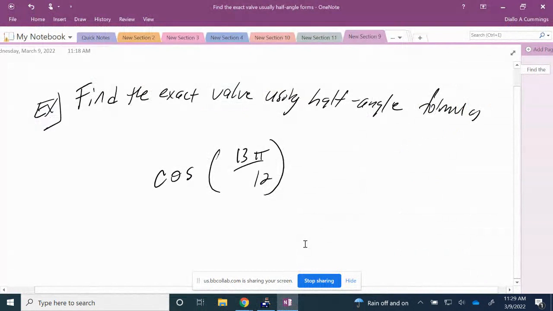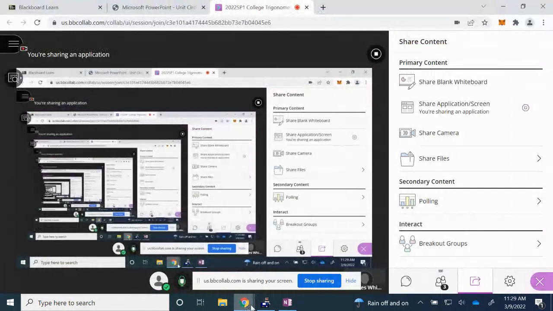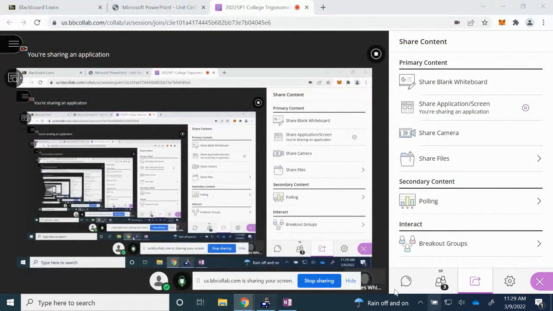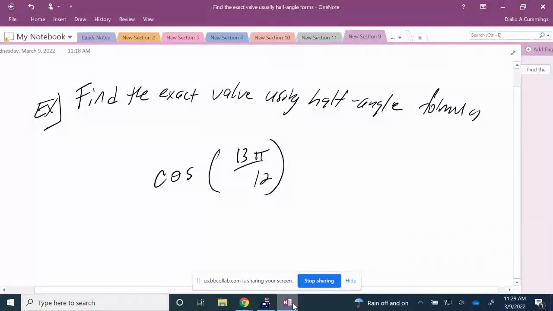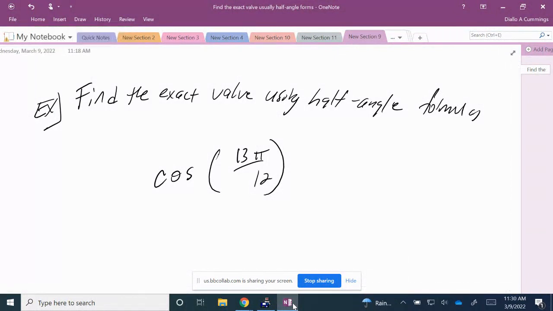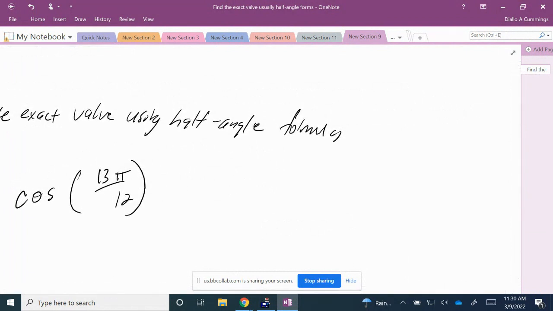All right, we're gonna go ahead and get started, and we're asked to find the cosine of 13 pi over 12 using the half angle formulas. So if we refer to the formula sheet, give me 1 second, I'm going to bring that up.